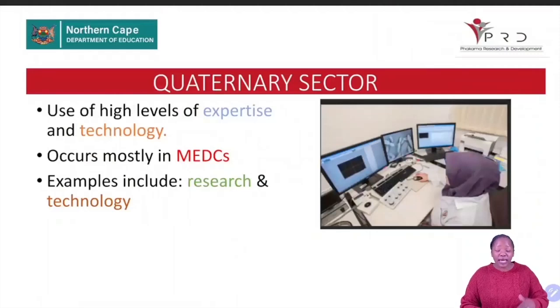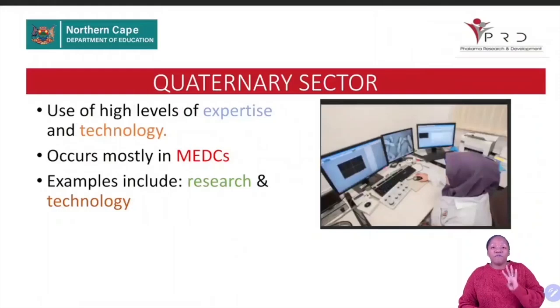You might say it's like a private sector because it is dealing with high expertise only. And also, it is mostly found in the MEDC. You will remember in grade 9, what does the MEDC stand for? Remember, it's More Economically Developed Countries. So we are talking about the countries with more resources, or the countries who are rich. So the examples of the quaternary sector are research as well as technology.